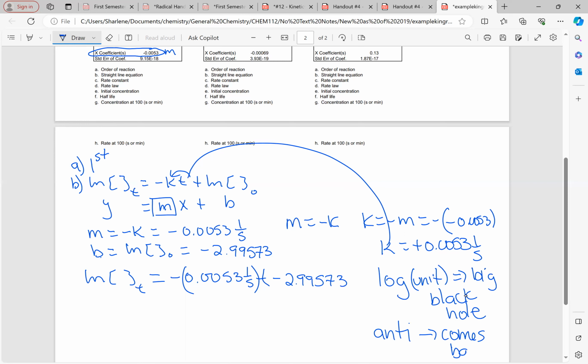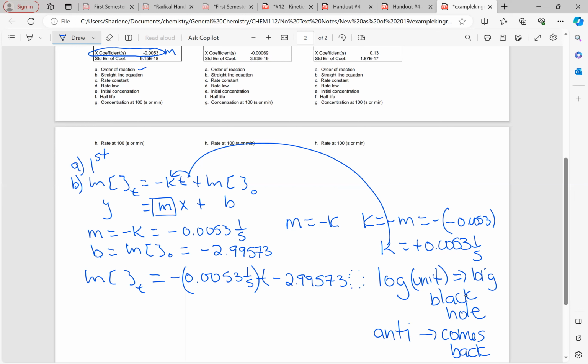Yes, I know that's so technical, but we're not going to worry about all the variations. So if you take the log of a unit, it just goes away. And then when you take the anti-log, it just magically comes back. So I don't have a unit right here because I took the natural log of my initial concentration. All right, there is my straight line equation that I can use.